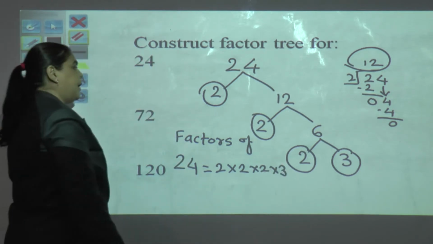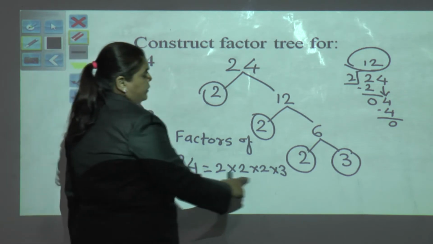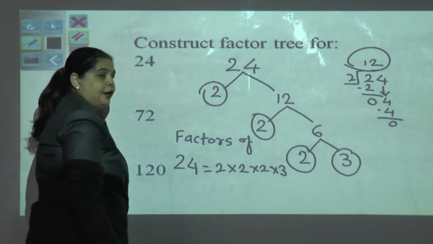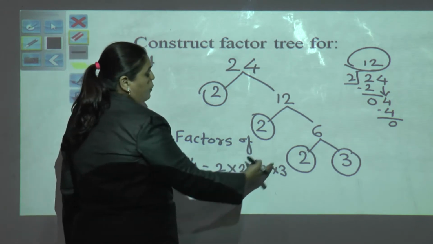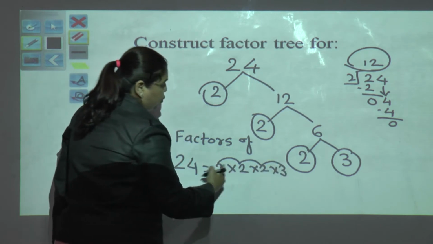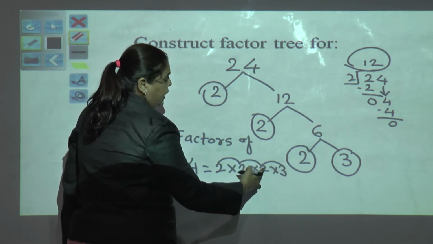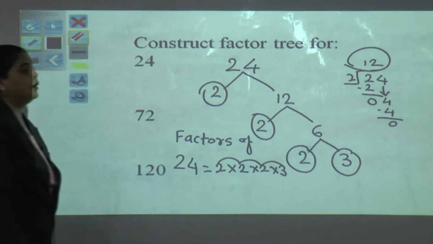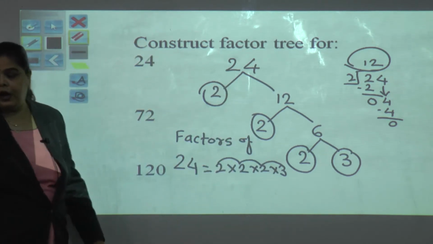Now I want to check whether the factors found by the tree method are correct or not. So you can use a small trick. You can multiply these. 2 twos are 4, 4 twos are 8, 8 threes are 24. So what you have found, the factors of 24, are correct.